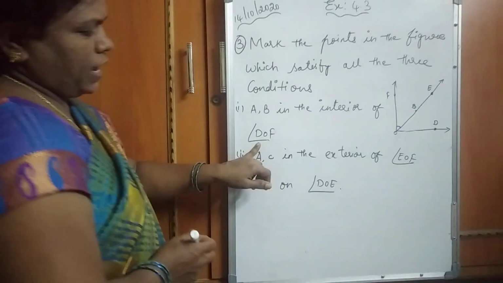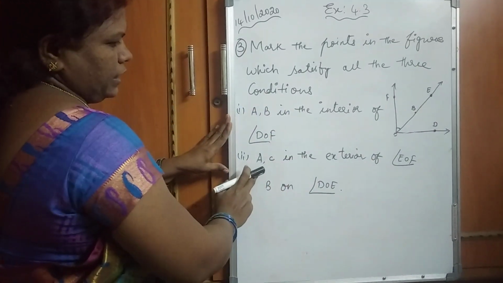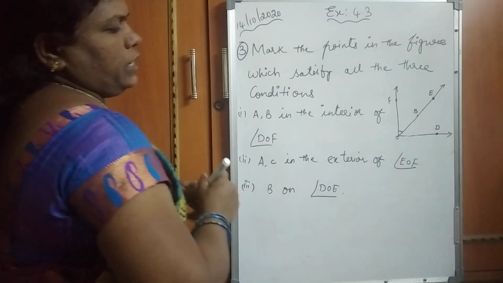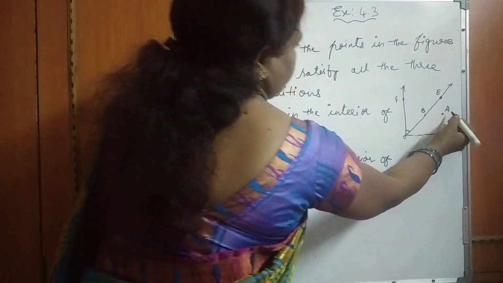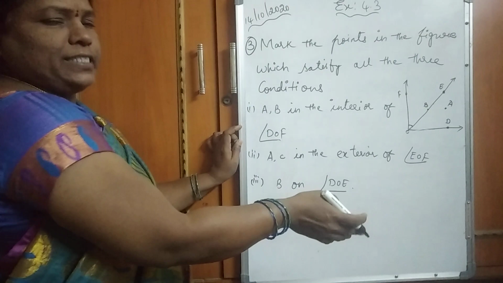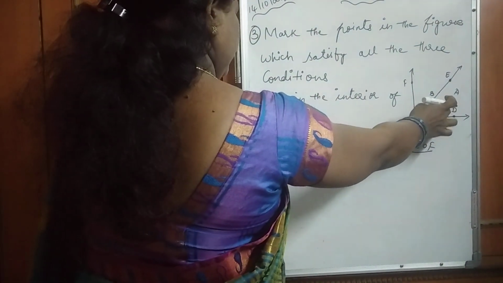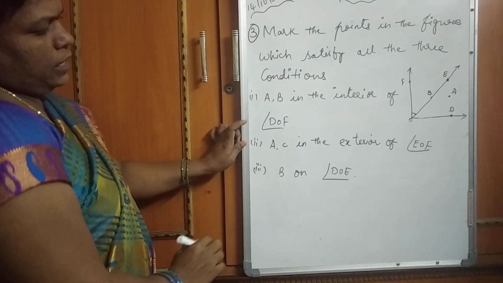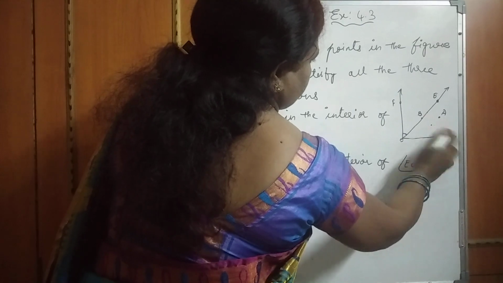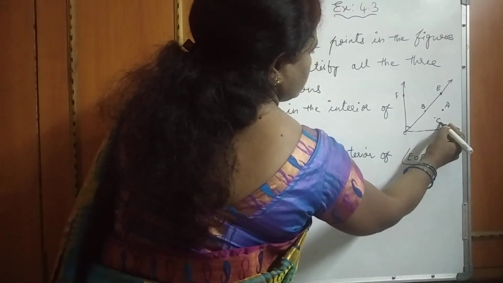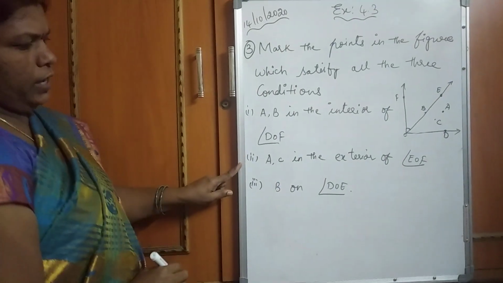In the interior of angle DOF, and in the exterior of angle EOF. So you can mark A here, because A should be in the exterior of angle EOF. A and C also, C should be in the exterior of angle EOF.